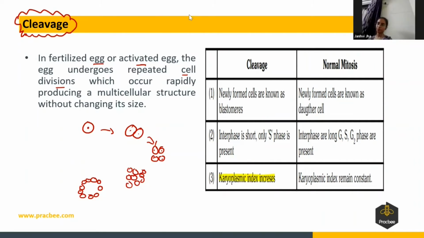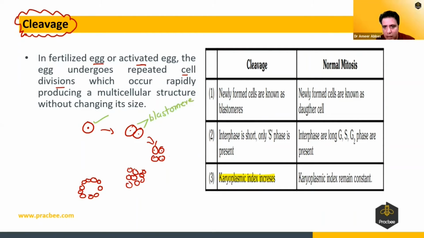Very important thing, you must understand these cells which are produced after division. This was the zygote. The zygote gave rise to these cells. These cells will be known as blastomeres.